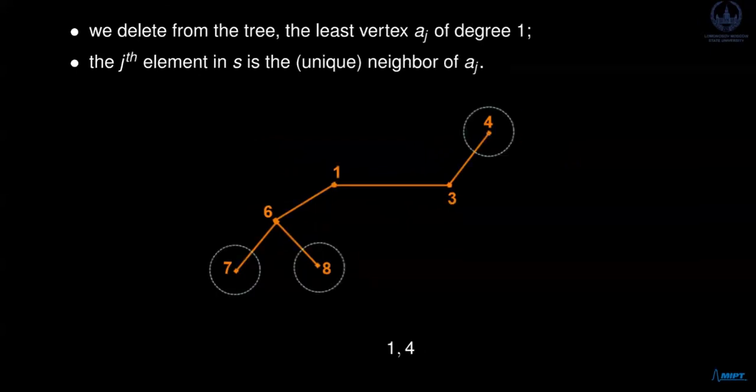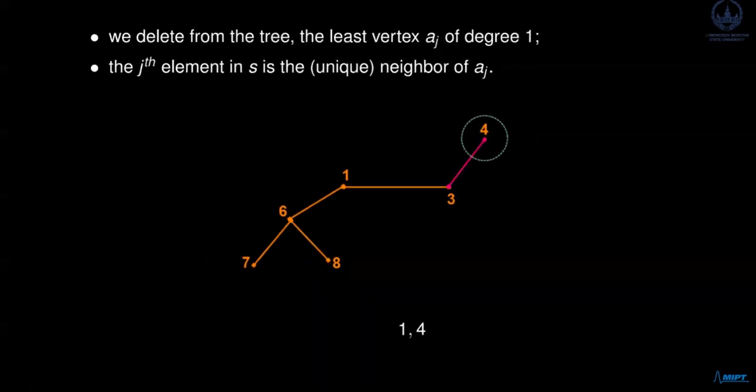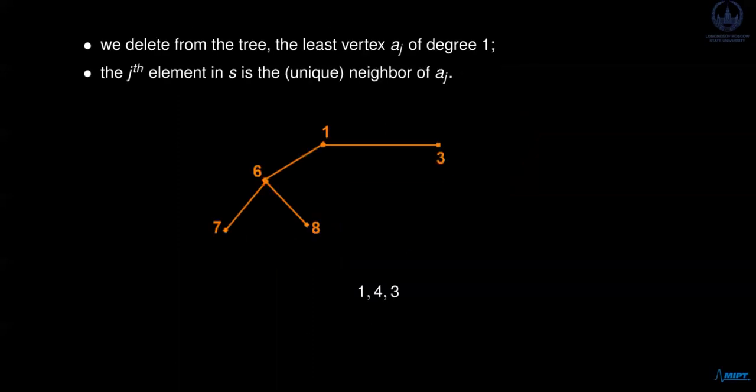Again, we continue. We have vertices of degree 1: 4, 7, 8. Let's choose one of them, 4. 4 connects to 3. We delete 4, and after that we write the letter 3. So 1, 4, 3.